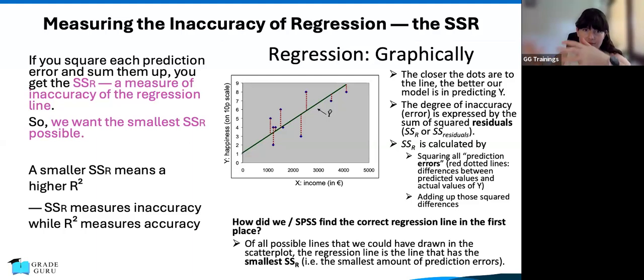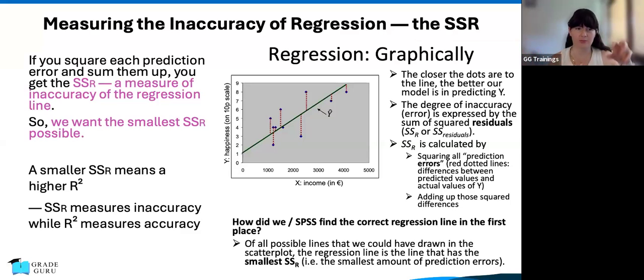It tells us how wrong we are with prediction. So basically what we want ideally is a small SSR. We want the smallest SSR possible because that indicates that the prediction errors are small as well. Now, remember R square is a measure of accuracy. A high R square indicates that we're able to predict Y very well.